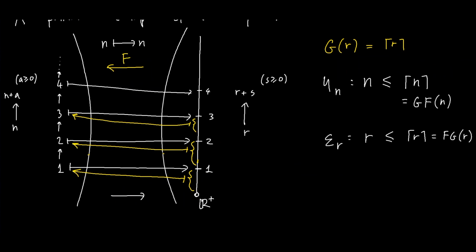This one is g. So that's why I said in the beginning that we have drawn it in such a way that things are reversed. And then the one that increases my object going from r to fg of r is the one that's called eta. And epsilon is the one that decreases it. So we have eta here, and we have epsilon here.